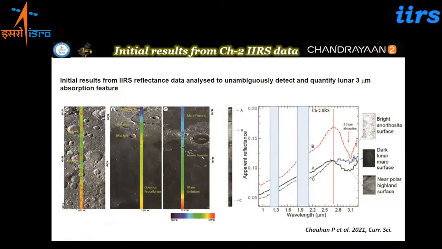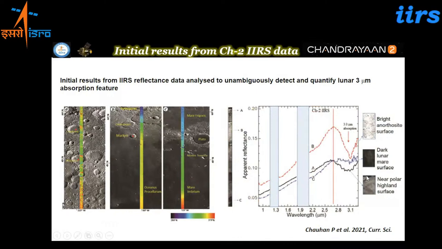They have shown unambiguous detection of the lunar water absorption feature that is present in the range 2.8 through 3.1 micrometer. Whereas in M-Cube, it was only confined to 2.8, and due to thermal contribution, we were not able to see the complete picture of this absorption feature. Now with the IIRS, the complete picture is clearly visible.